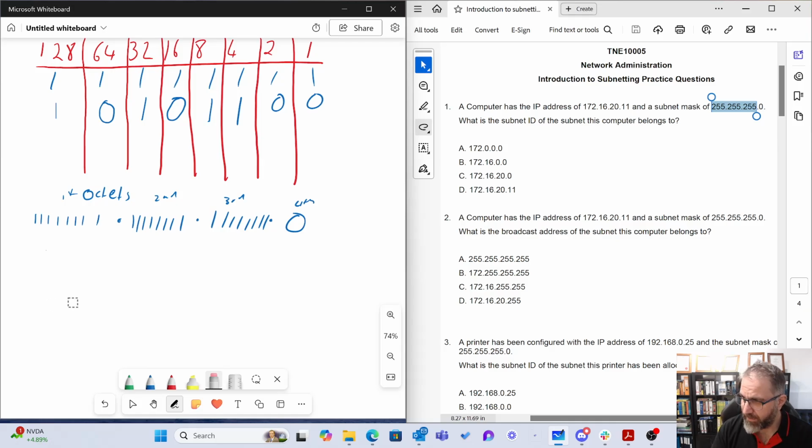So the first octet here is 172. So we'll just write 172. And that is 1, 0, 1, 0, 1, 1, 0, 0. Now, so you know how to do that now.